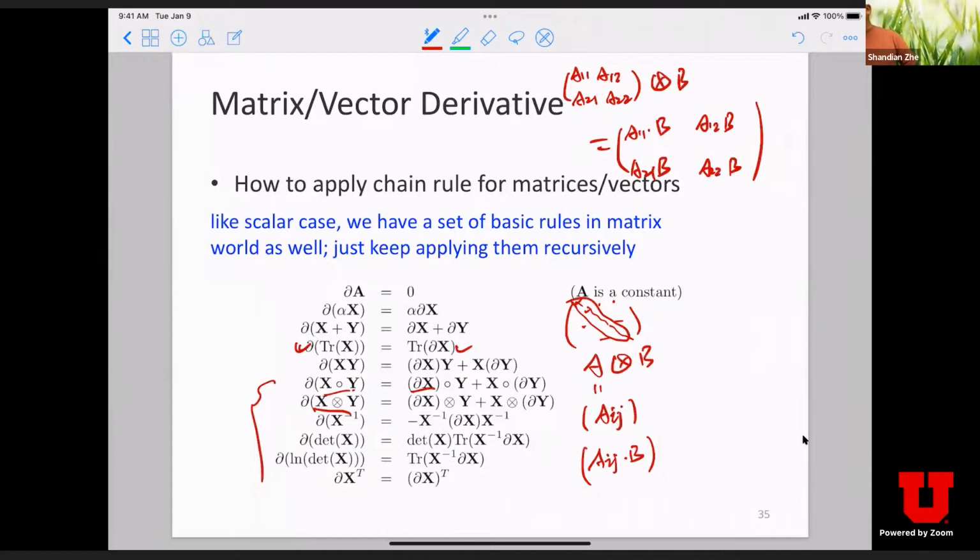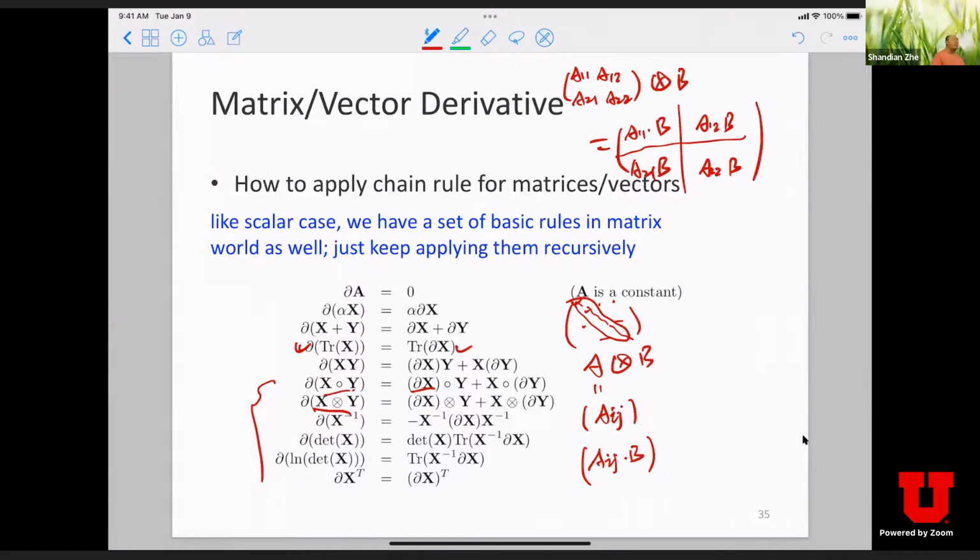But now here, it's a block matrix, because B is a matrix. You multiply this whole matrix with every element in A. So actually, you form a new block matrix. That's the definition of the Kronecker product. But don't worry about that. Our topic won't relate too much to the Kronecker product.